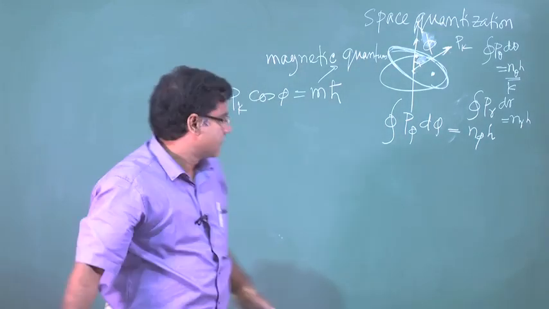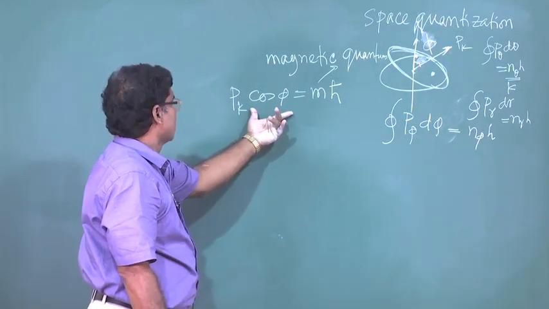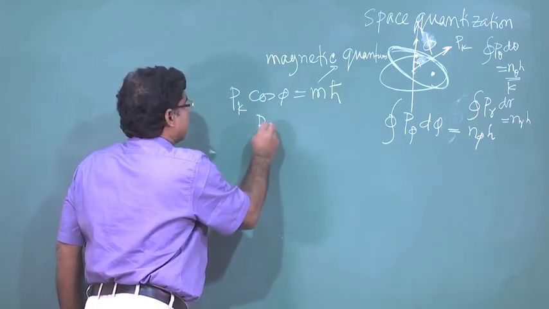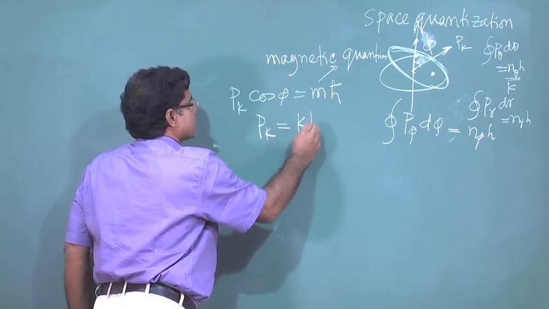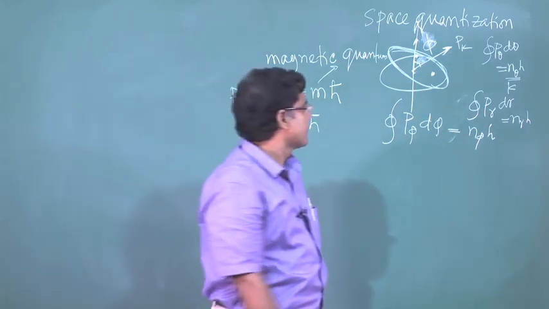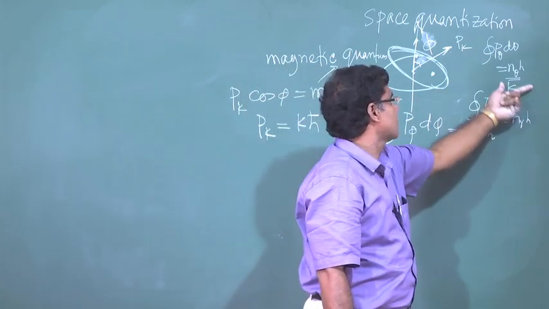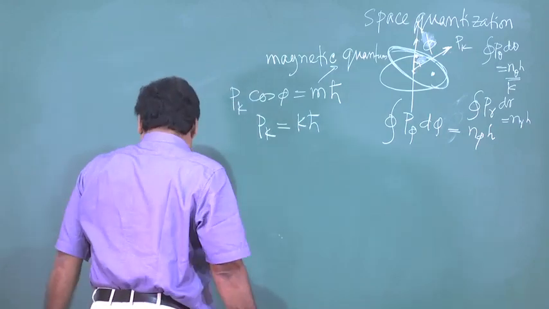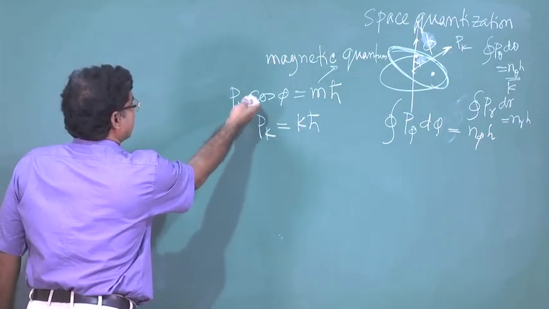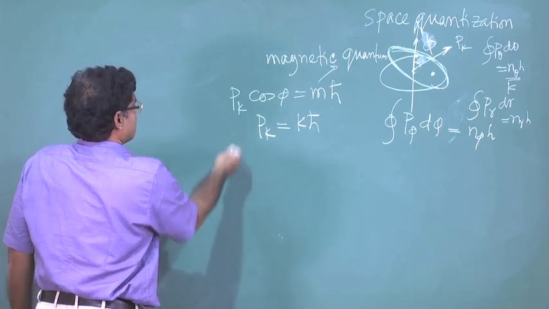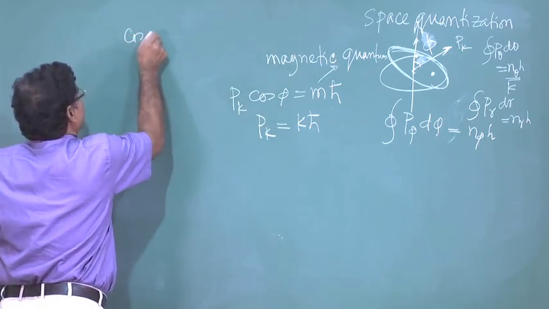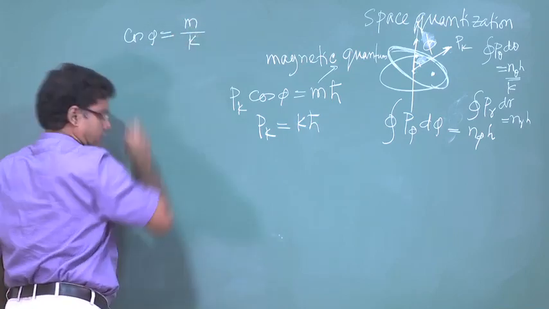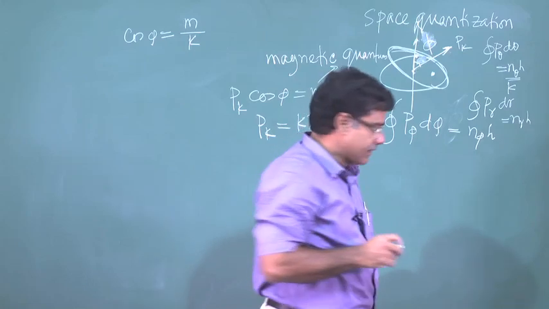Okay. So, we find pk cos phi equals m h cross, and we know that pk equals k h cross, right. So, from here, if I take the ratio of these two, I will get cos phi equal to m by k.